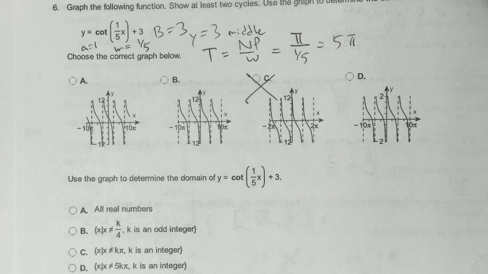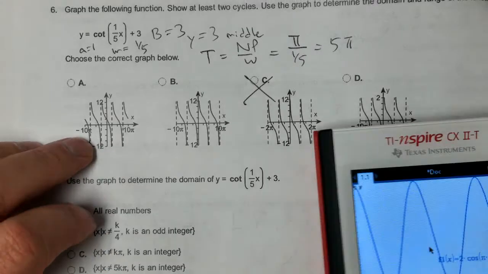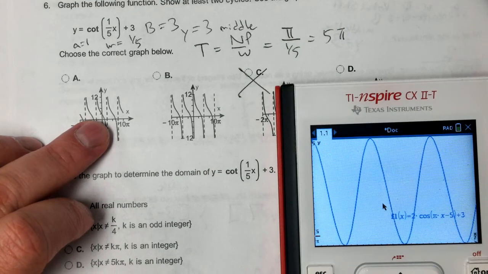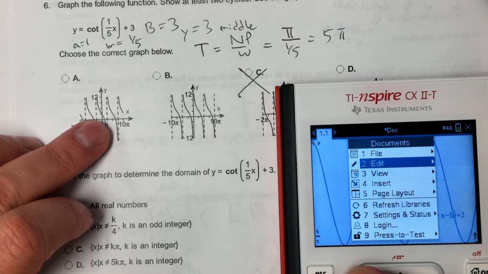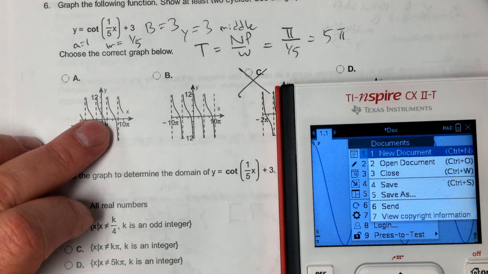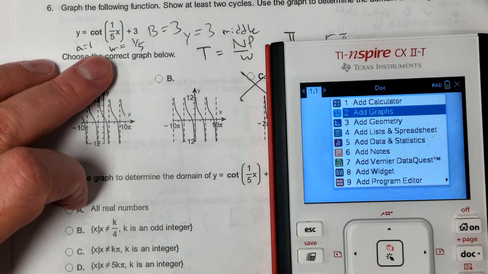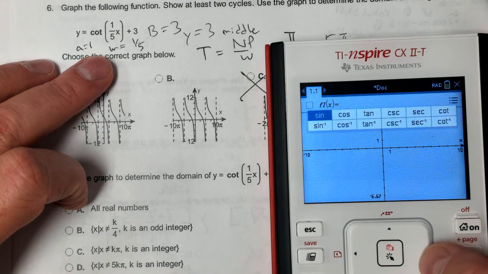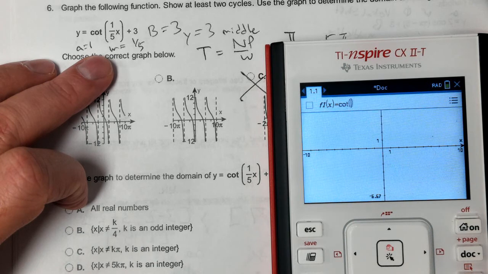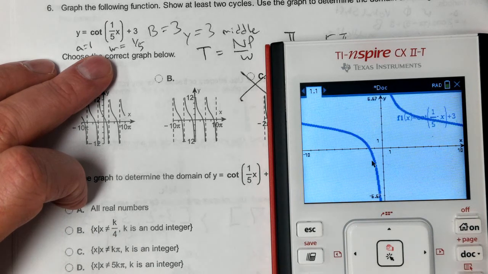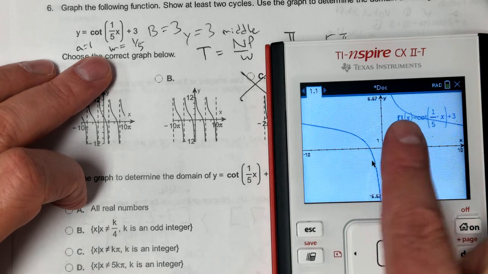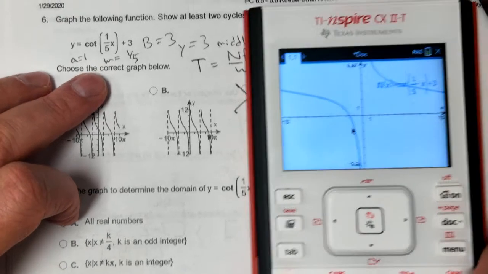Okay, so now let's graph it. Trig, cotangent, 1/5 x, and then plus 3. Okay, so at this point it just looks like that.